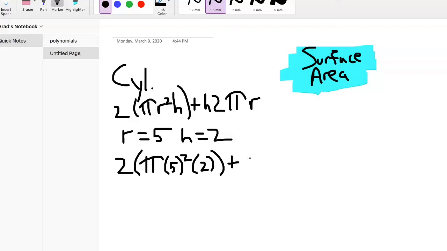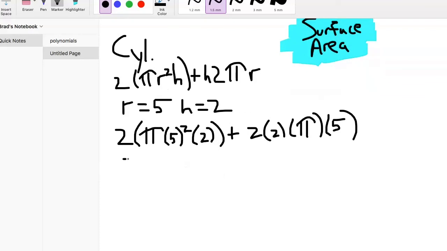Plus, we said the height was 2 times 2 times pi times the radius, which is 5. Okay, so just a bunch of numbers. All right, so if we keep carrying this out here, we got our 2. 5 squared is 25, right?